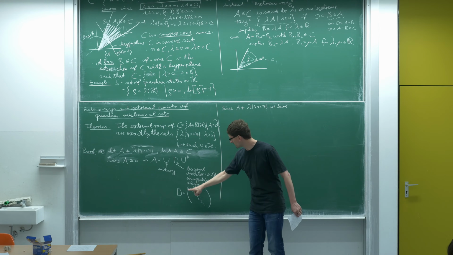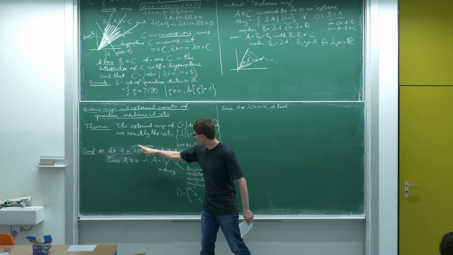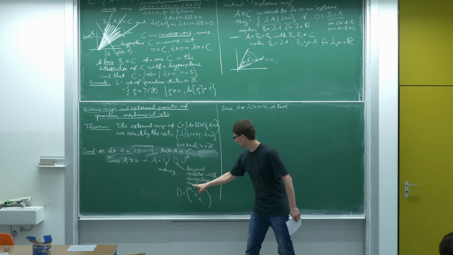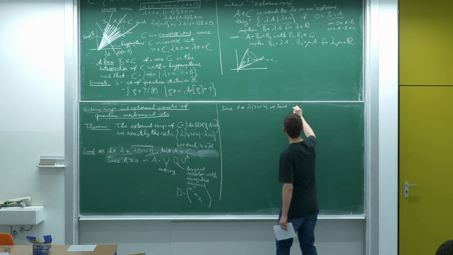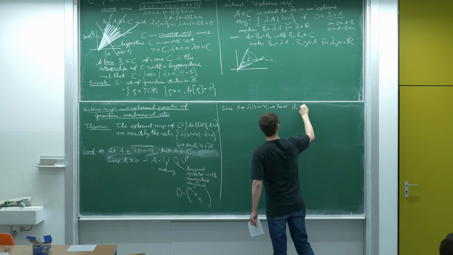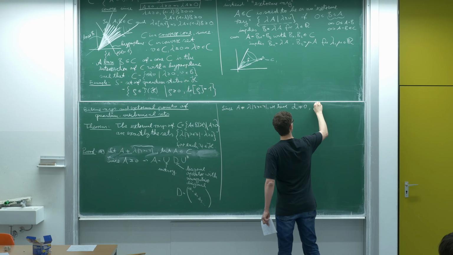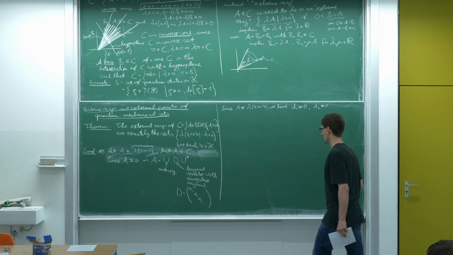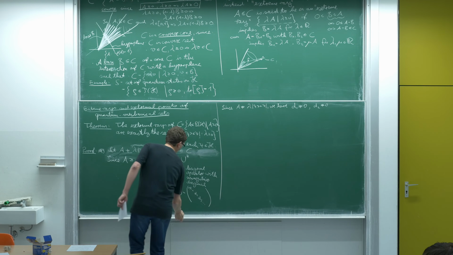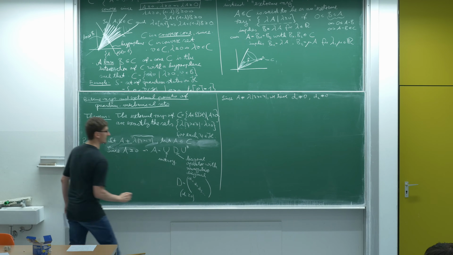If this diagonal matrix had only one non-zero diagonal entry, it would immediately be of this form: a rank 1 state with a unitary is still a rank 1 state. And all of these D_i are non-negative because the operator is non-negative.